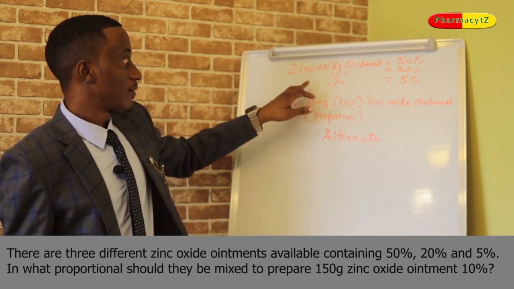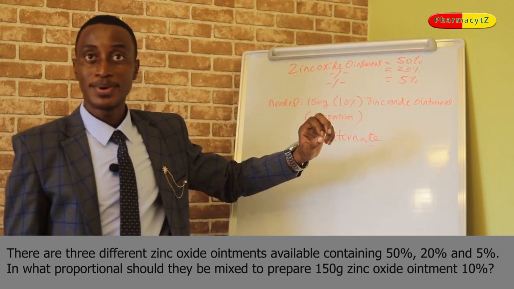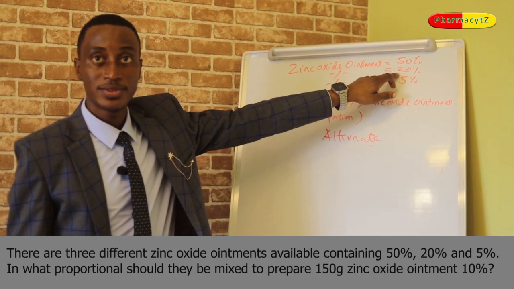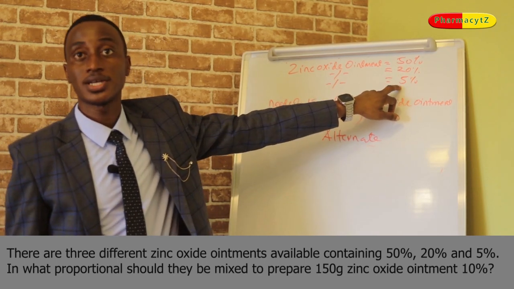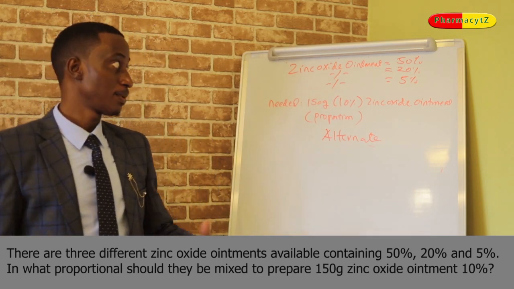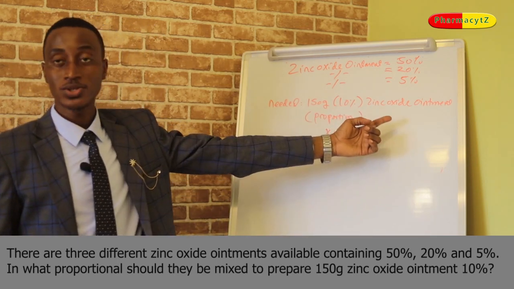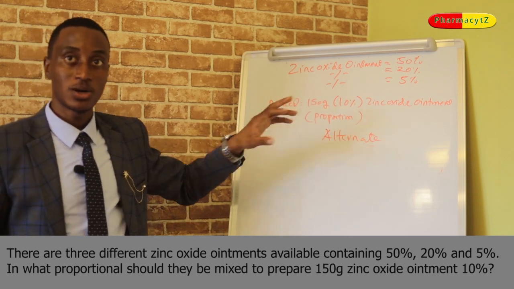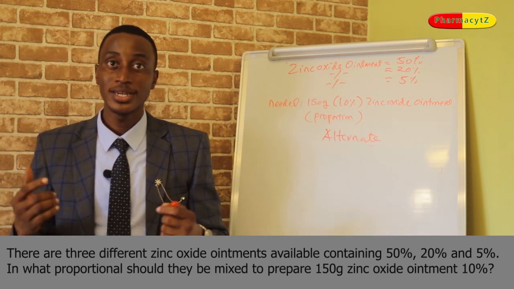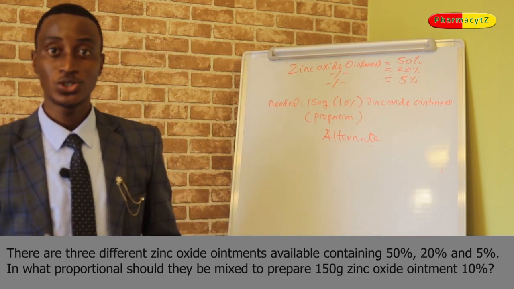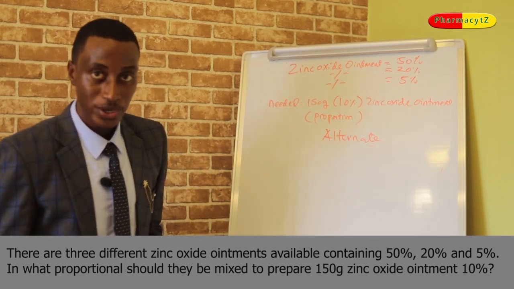So we have zinc oxide containing 50%, another containing 20%, and the last containing 5%. Together they should be mixed to prepare 10% zinc oxide ointment with a total amount of 150 grams. But according to this question, we only need to know the proportion. After knowing the proportions, other issues can follow. So how do we do it?